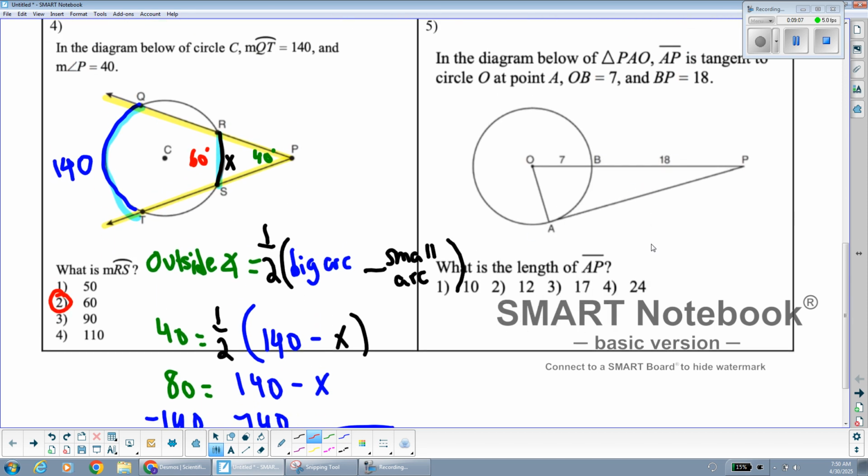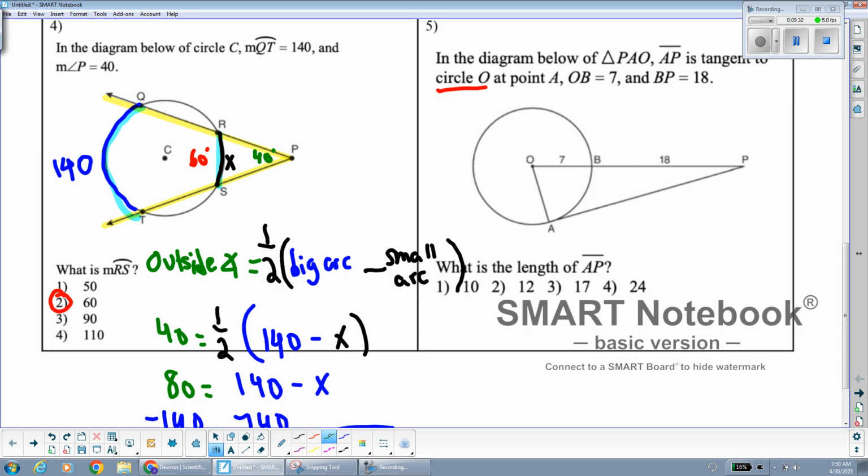In this diagram over here, we're told that AP is tangent to circle O at point A. When you have the name of a circle, circles are named for its center. So that tells us that the center of this circle is O, which tells us that OA is a radius of the circle.